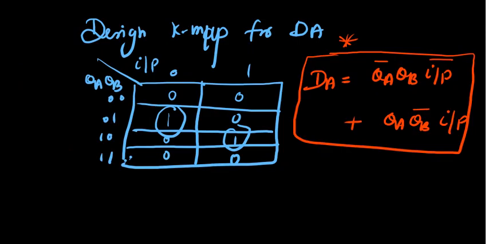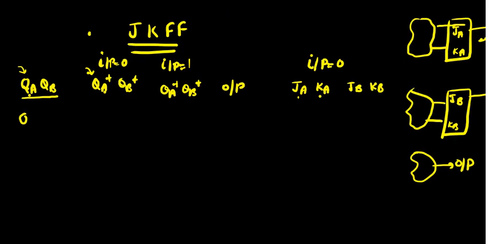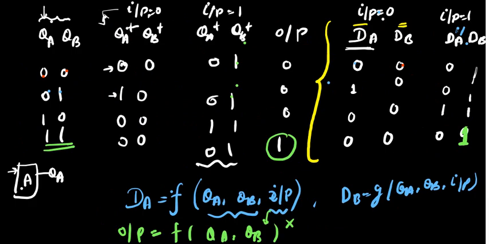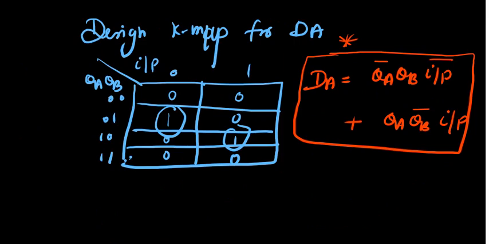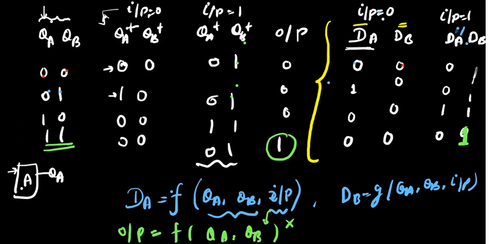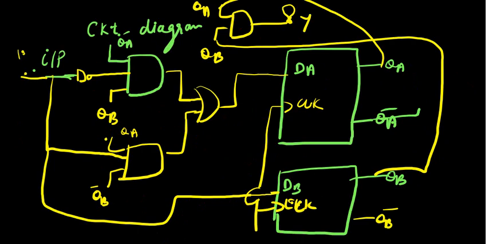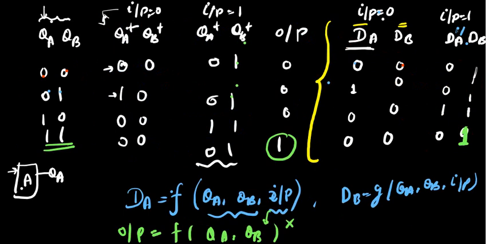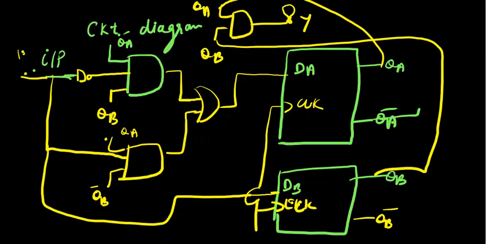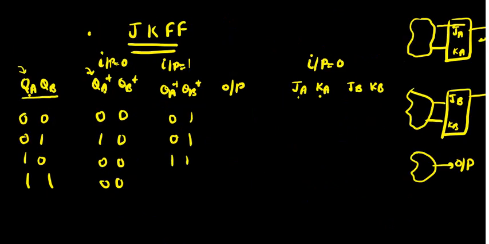So first we have to fill this table. 0 0 0 1 1 0 1 1 0 0 0 1 1 0 1 0 0 1 0 0 0 0 0 0 0 1 0 0 0 0 1 0 0 0 1 0 0 1 0 1 1 1 0 1. So here we have to write 0 1 0 1 1 1 0.